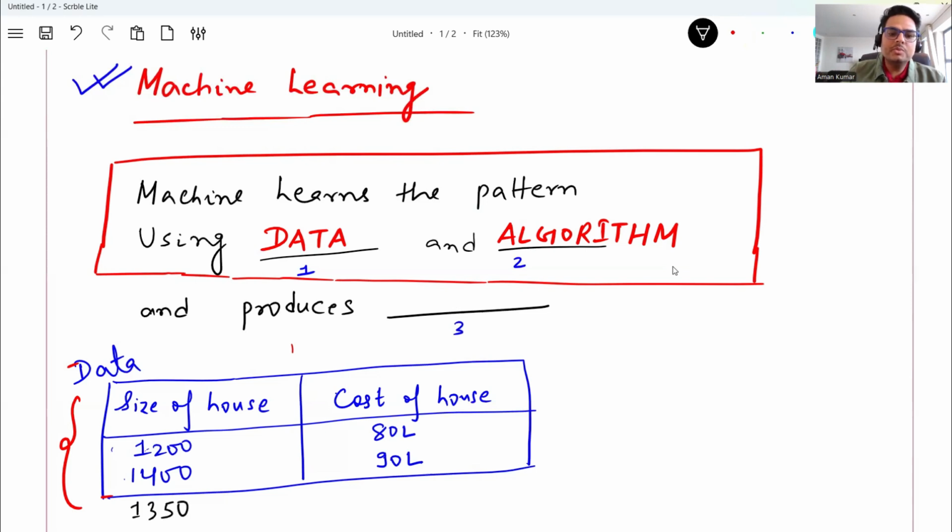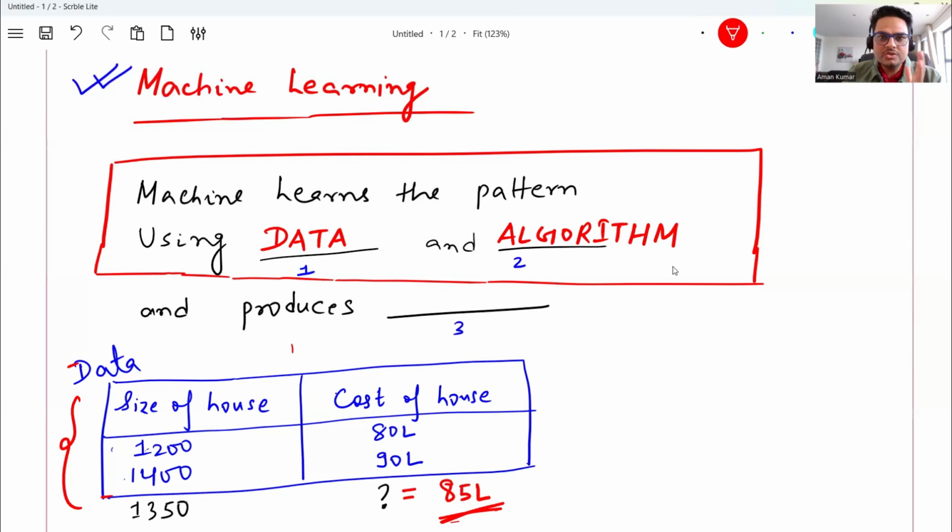Can you tell me what would be the cost of this house? So from the learned pattern, machine should be able to tell me, I have learned the pattern from the previous data that you gave me, and I can tell you that the price of 1350 square feet house should be 85 lakhs. So this 85 lakhs Indian rupees should come from machine learned entity.